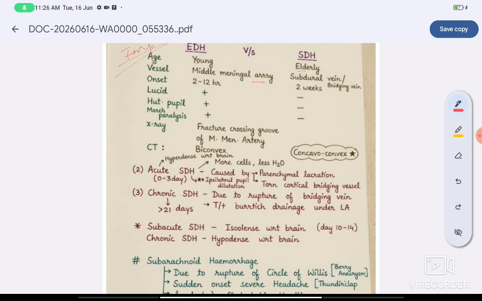Here the vessel involved is the subdural vein or bridging vein. Onset is very early here, and early to late in the other. Lucid interval is present. Hutchinson pupil is present. Marching paralysis is present. Here all three are absent. In this case, the X-ray or CT scan of EDH shows a biconvex appearance, and this one shows a concavo-convex appearance like a banana.